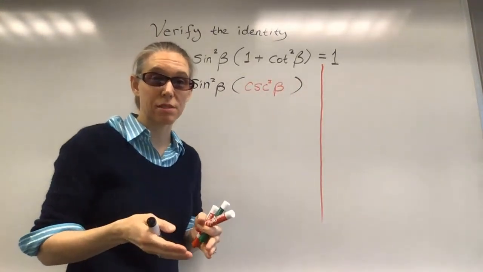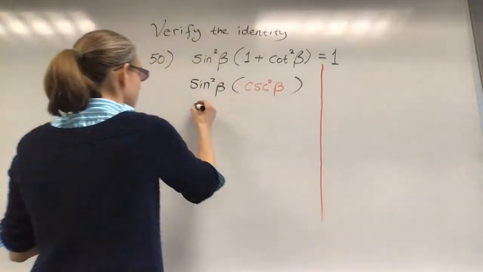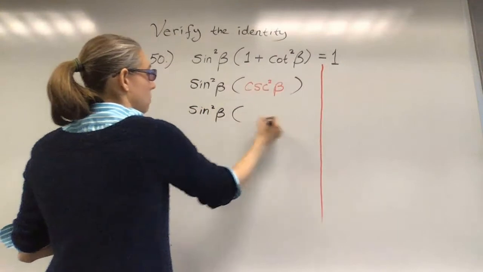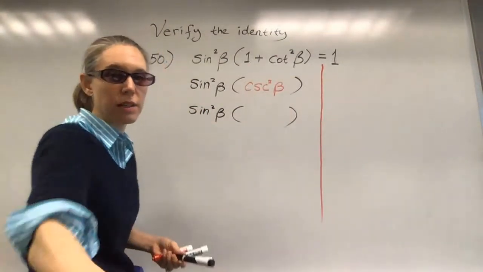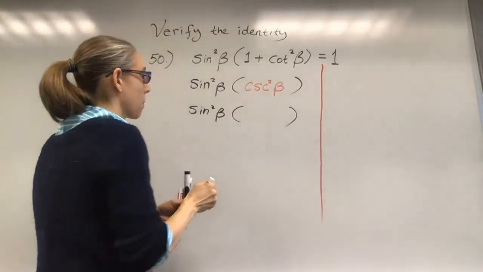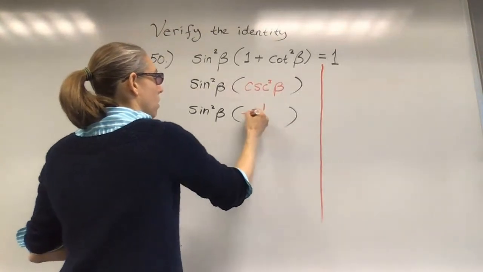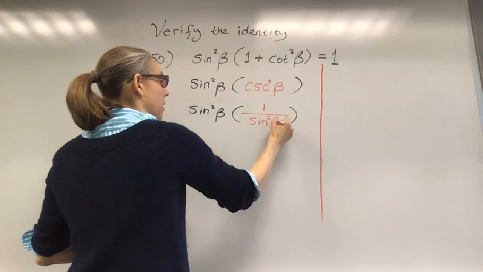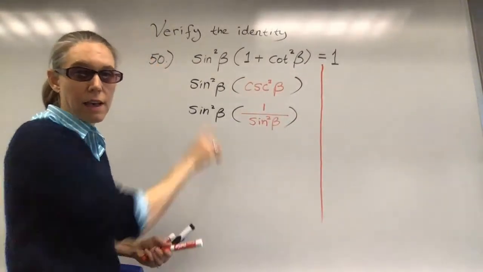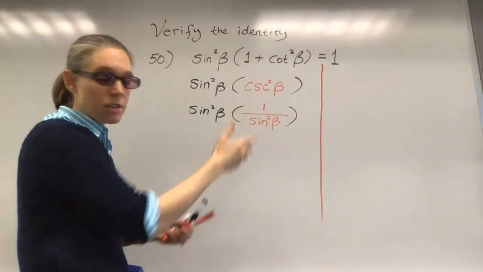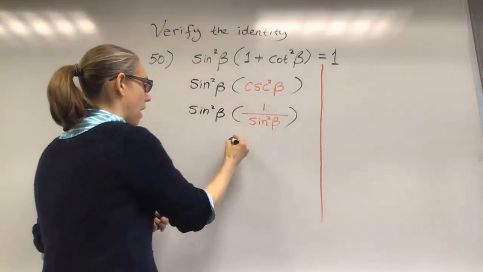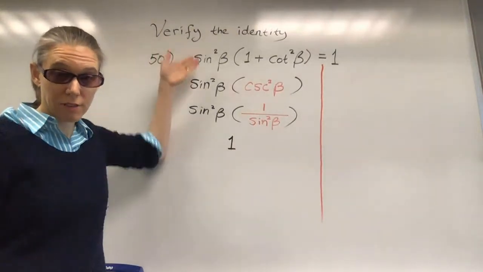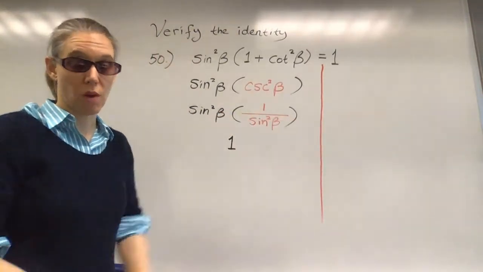You can't skip steps in a proof. So I'll go ahead and just replace cosecant squared with 1 over sine squared beta. And now I can see that when multiplying these two together, I do in fact arrive at 1. And so now I am finished. I have made the left-hand side equal to the right-hand side.